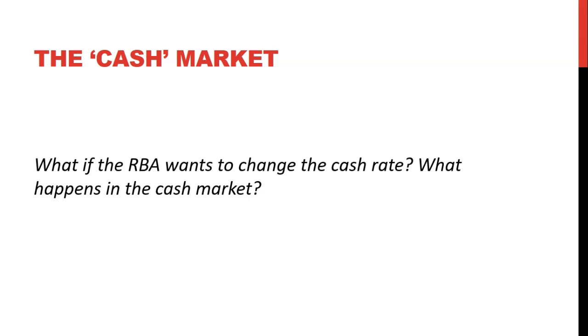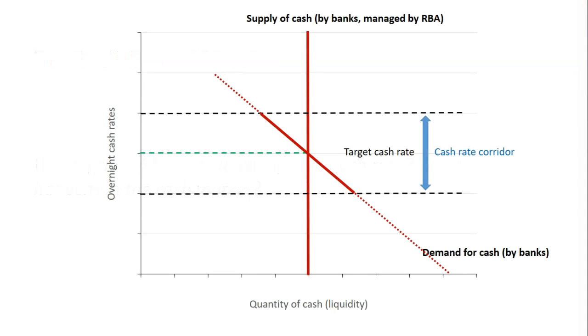What would happen to the cash market? So here we are in equilibrium. The Reserve Bank, let's say, wants to decrease the cash rate by 0.25%. Well, it simply changes the corridor.